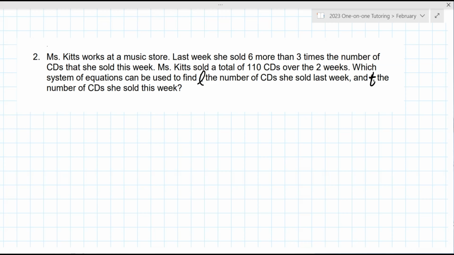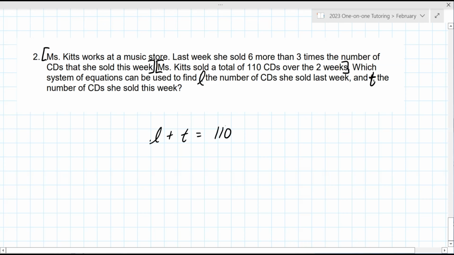The first equation comes from this sentence. The second equation comes from this sentence here. Give those a try. So would you set it up L plus T equals 110? I agree.